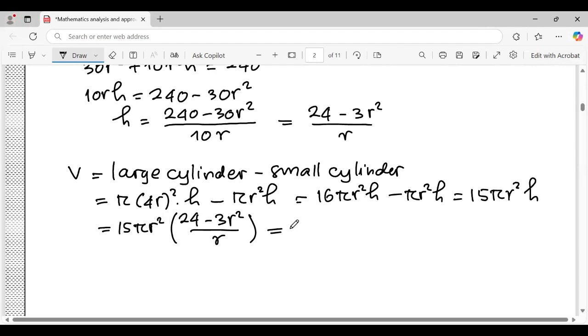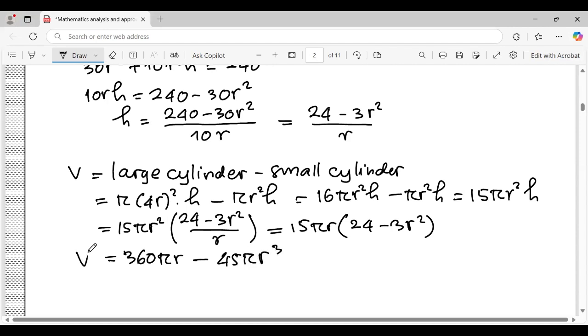R divided by r, equal 15 pi r times 24 minus 3 r squared. 15 multiplied by 24 is 360 pi r, minus 15 multiplied by 3, 45 pi r cubed. This is the volume.